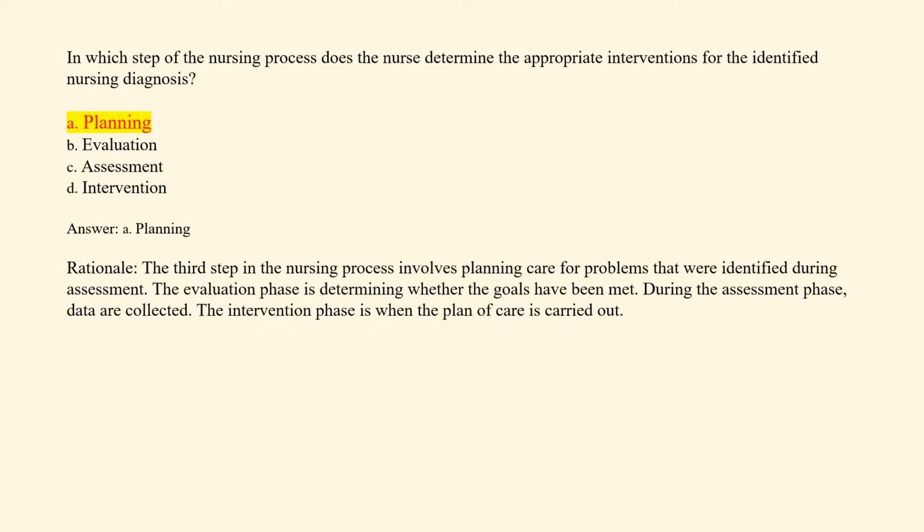A. Planning. Rationale. The third step in the nursing process involves planning care for problems that were identified during assessment. The evaluation phase is determining whether the goals have been met. During the assessment phase, data are collected. The intervention phase is when the plan of care is carried out.